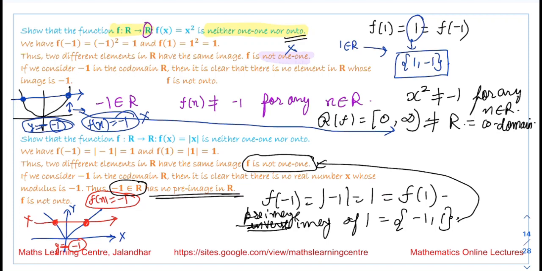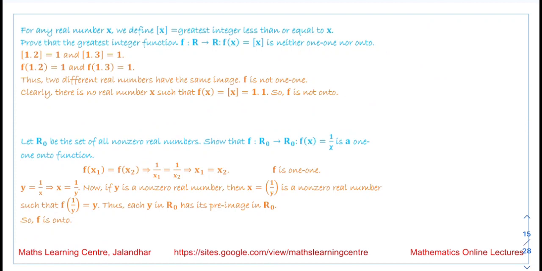Next, we are talking about the greatest integer function for any real number x, and it is given that it is a function from R to R. If we plot the graph of this function, we know the graph is of this form. If we draw a line parallel to the x-axis passing through, say, the point 1, then clearly it is intersecting at different points. Suppose I consider one point, say 1.2, and another point 1.3.